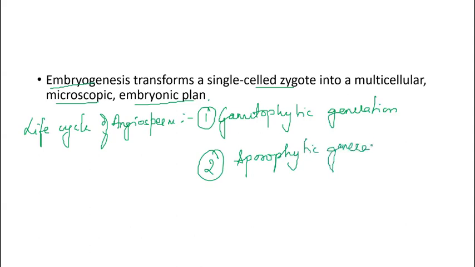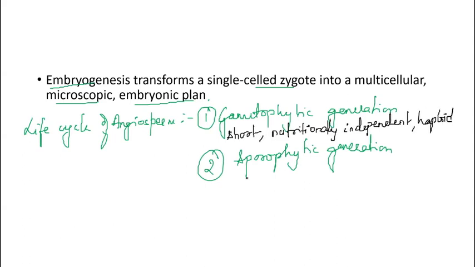Now, we also need to know the characteristics of these two generations. The gametophytic generation is a short, nutritionally independent, and haploid phase.